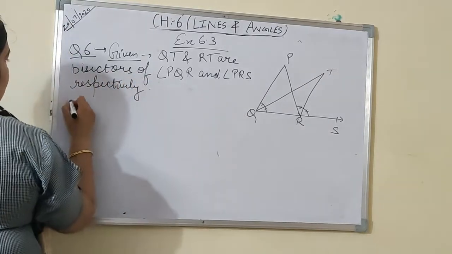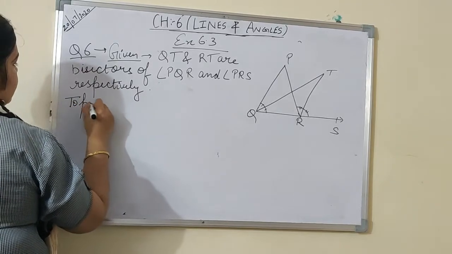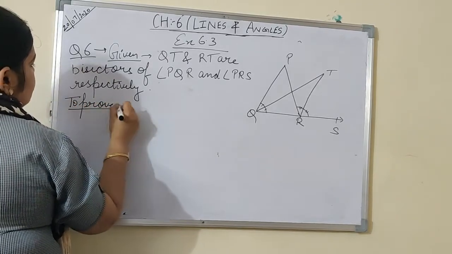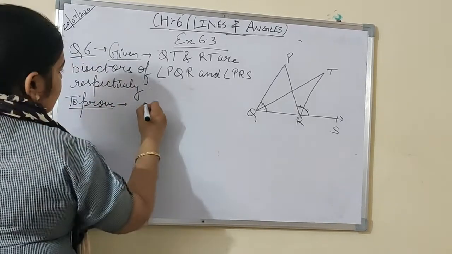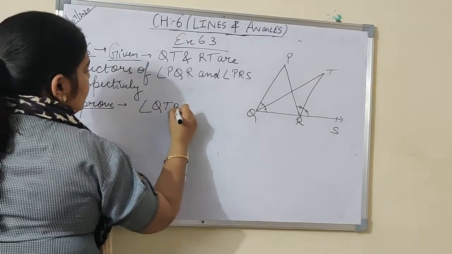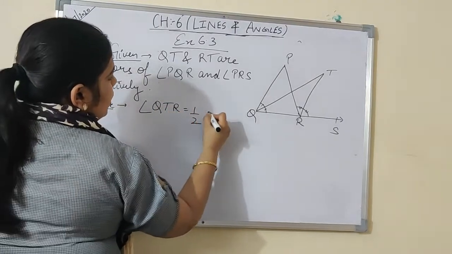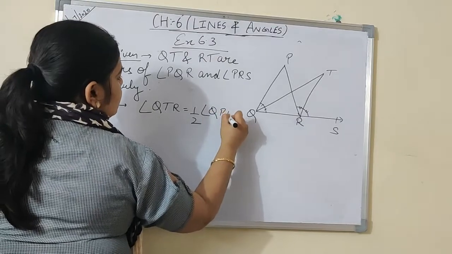Then what we need to prove? We need to prove that angle QTR is equals to half of angle QPR.